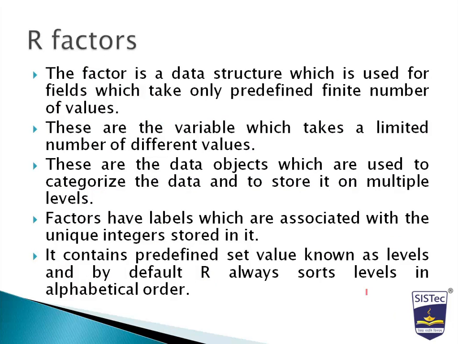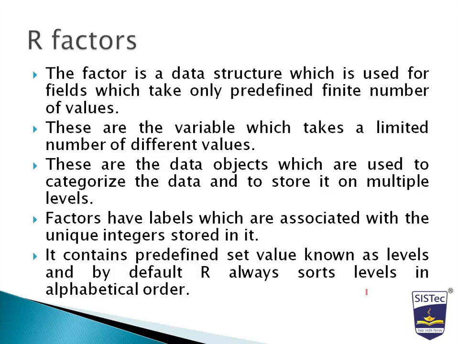So next is R factors. Basically, factors are a data structure used for a field which takes only a predefined finite number of values. Basically this is nothing but a limited number of different values. These are data objects used to categorize data, like on the basis of male, female, that is on the basis of genders, or some specific labels.